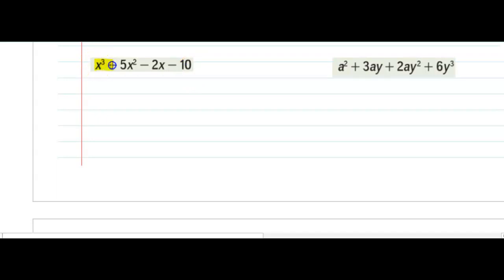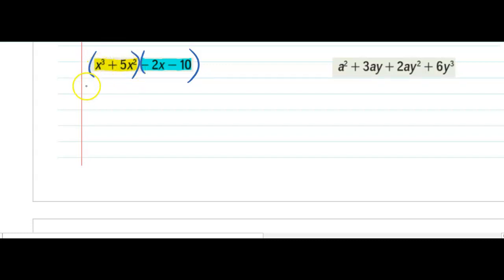When this happens, we just need to group them together. I'm going to take my first 2 terms and group them together, and I'm going to group my last 2 terms together. I'm going to use some grouping symbols of parentheses. Now I'm going to use the GCF method. I'm going to look at these first 2 terms that are yellow and say, what do they have in common that I could factor out? Well, they both have an x squared.